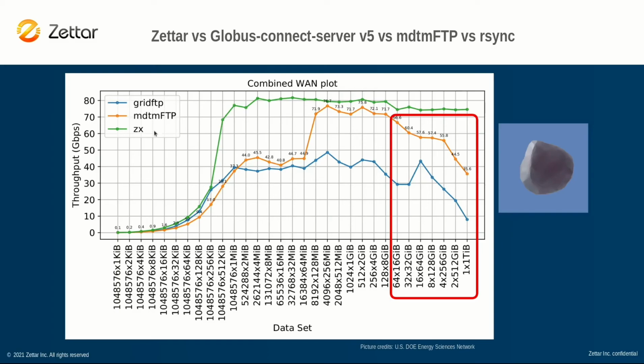This is the latest Category 3 third-party transfer results between a pair of Docker containers over ESnet's 100G SDN testbed, about 2,500 miles long. You may recall that in 2019, Zettar ZX beat out both Globus GridFTP and Fermilab's Big Data Express at the Supercomputing Asia Data Mover Challenge. In 2021, ZX still beats out both.